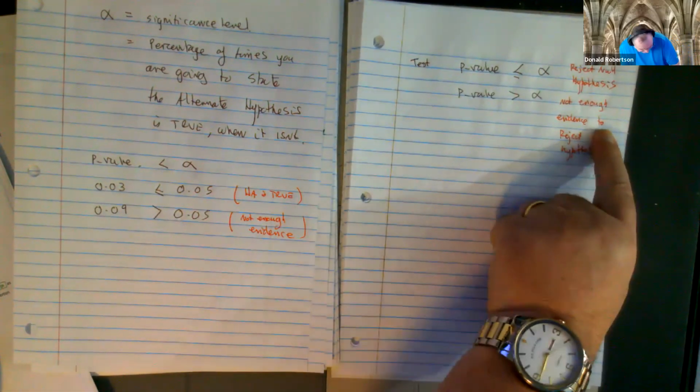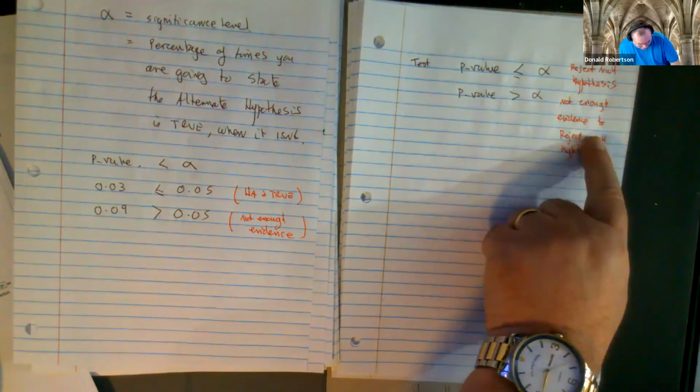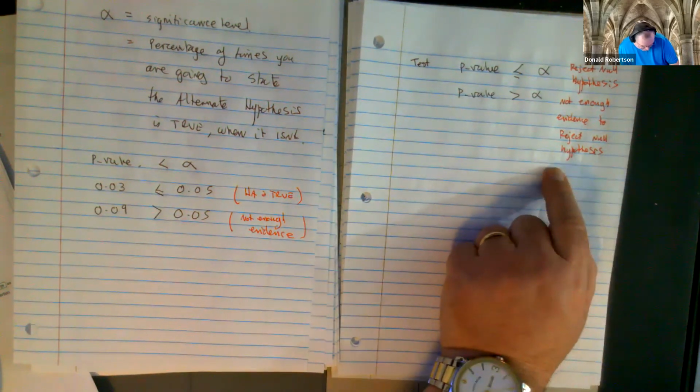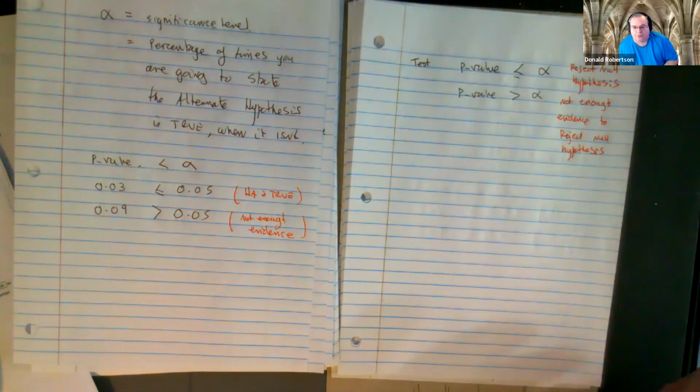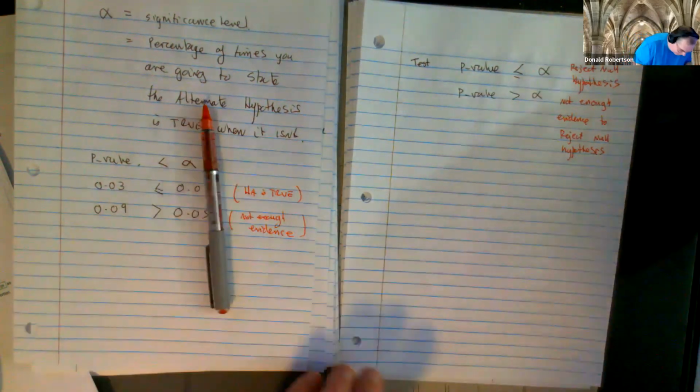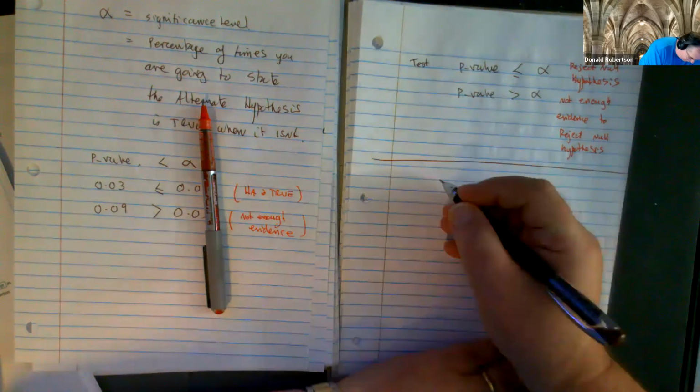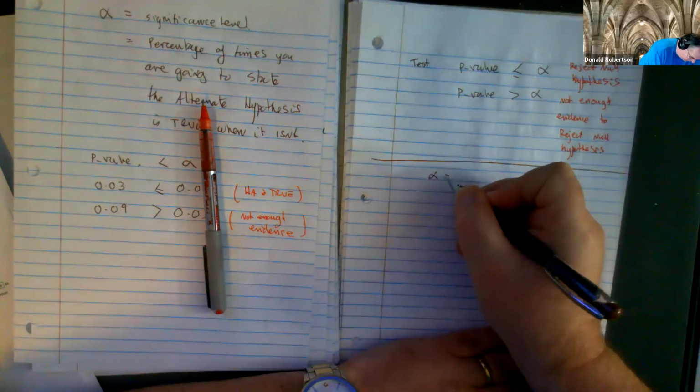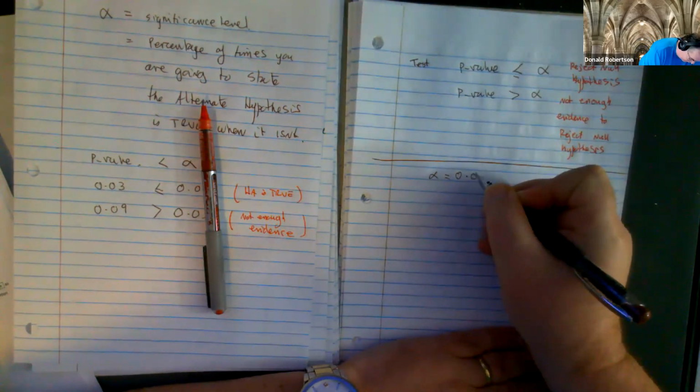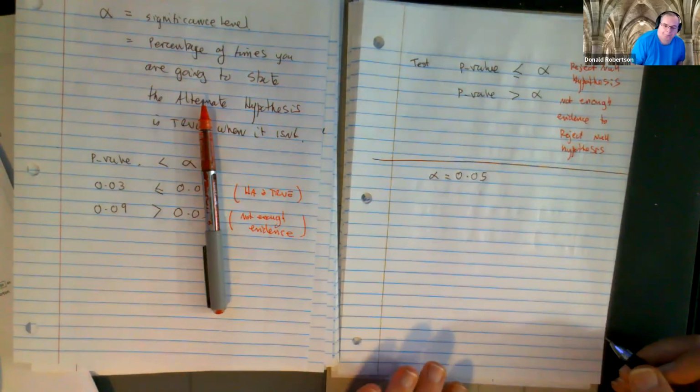And instead of writing all that English to reject the null hypothesis, you could replace it by to reject H naught. And that would be just a shorthand way of saying the same thing. So suppose the significance level is that number, right?